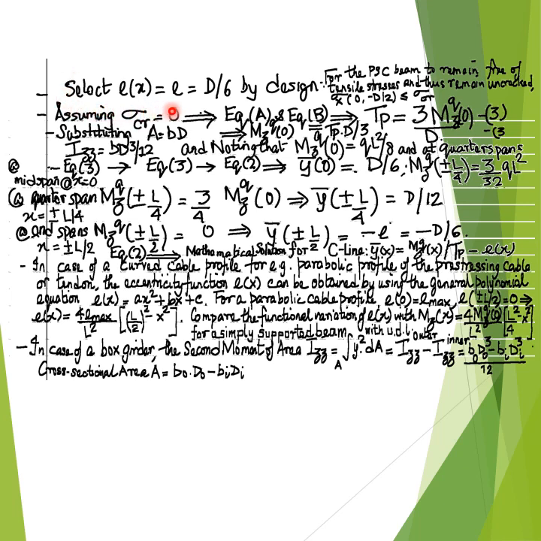Selecting the eccentricity e of the straight cable profile of the pre-stressing cable or pre-stressing tendon as equal to the overall depth d of the beam divided by 6, as shown in the figure depicting the pre-stressed concrete beam considered in the solved example presented in one of the earlier lectures.